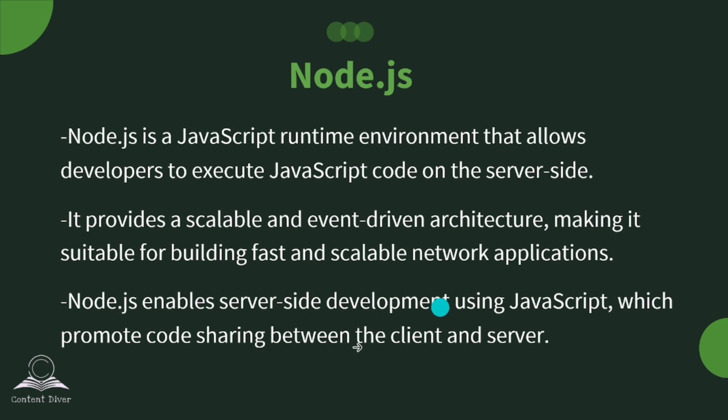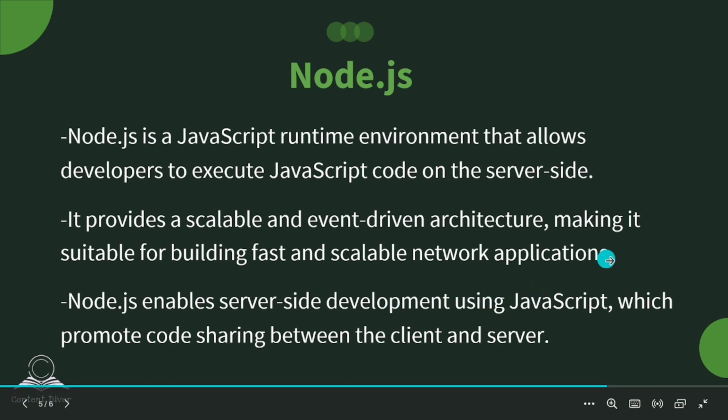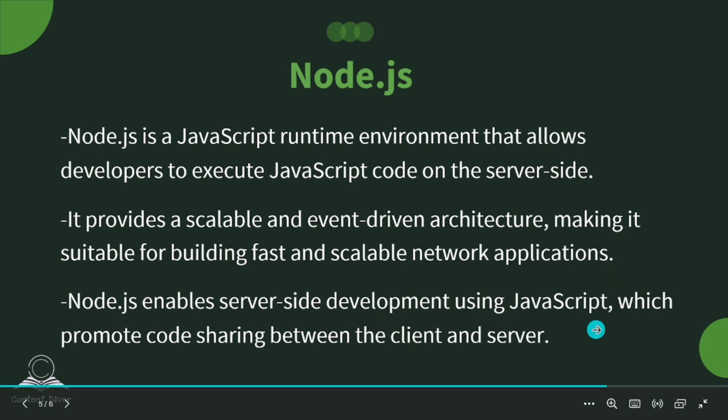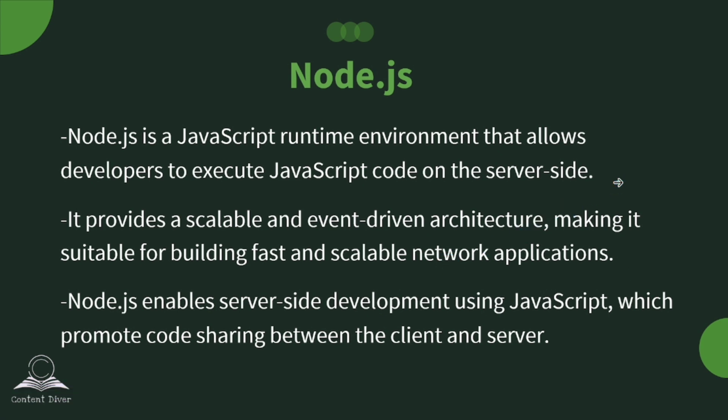Node.js enables server-side development using JavaScript, which promotes code sharing between the client and server. Its main purpose is handling requests from the front end, and it is mainly used for the backend.